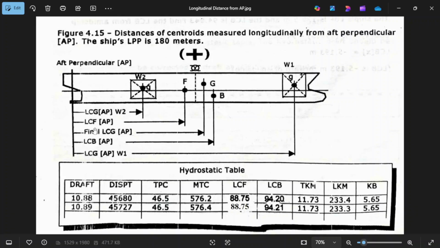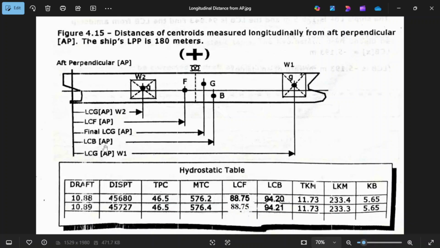And now this LCF, the center of flotation, is measured from the aft perpendicular going forward to the center of flotation. So it's still positive. And the LCB is measured again from the aft perpendicular going to the center of buoyancy.